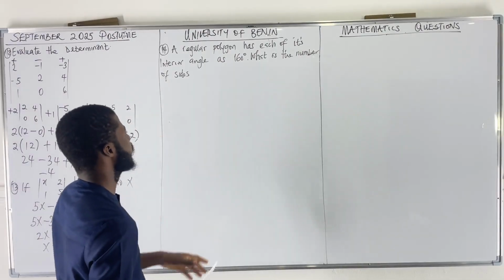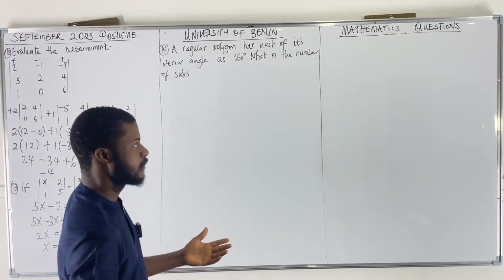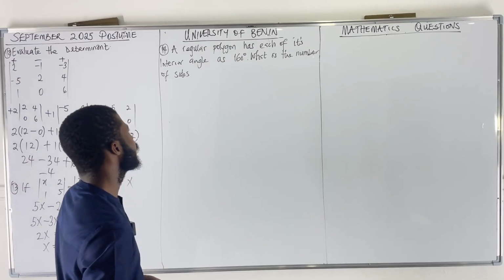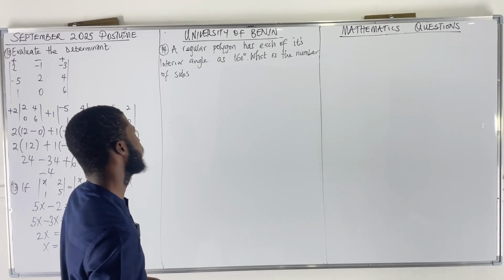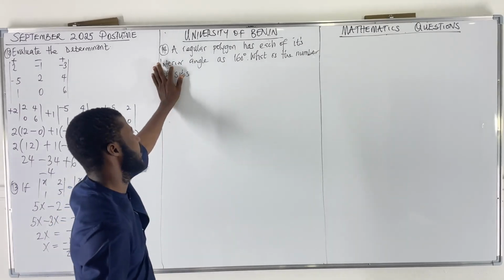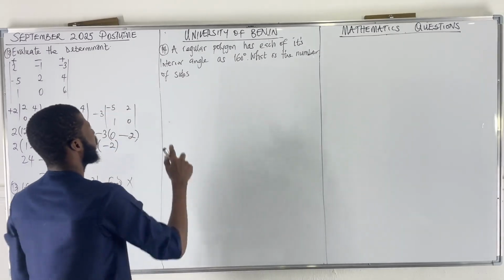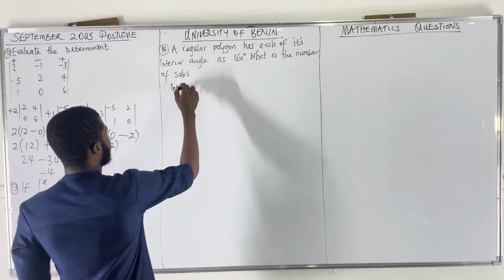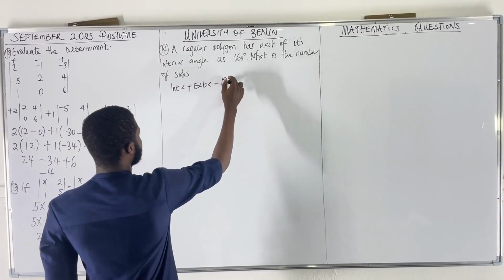Question 14. So this is question 14. Now for this question 14, what we're going to be doing is, it's actually simple. So you have 160 as the value of an interior angle. The first thing I always do is this. I know that the interior angle plus the exterior angle must always give me 180 degrees.